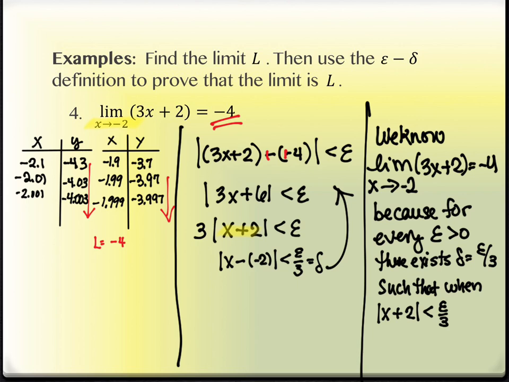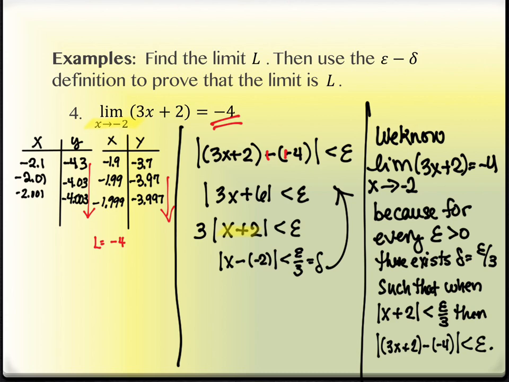When we're close enough on the x-axis, we are guaranteed to be close enough on the y-axis. So such that when the absolute value of x plus 2 is less than delta, then the absolute value of 3x plus 2 minus negative 4, you could put plus 4, is less than epsilon. That's the proof.